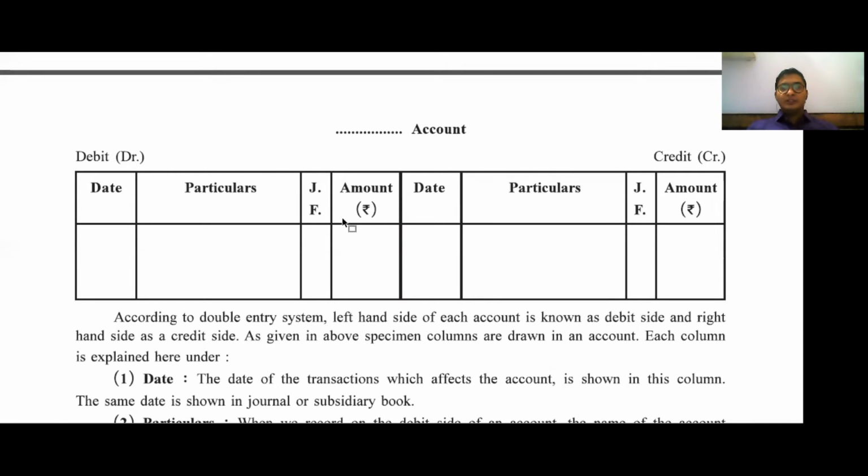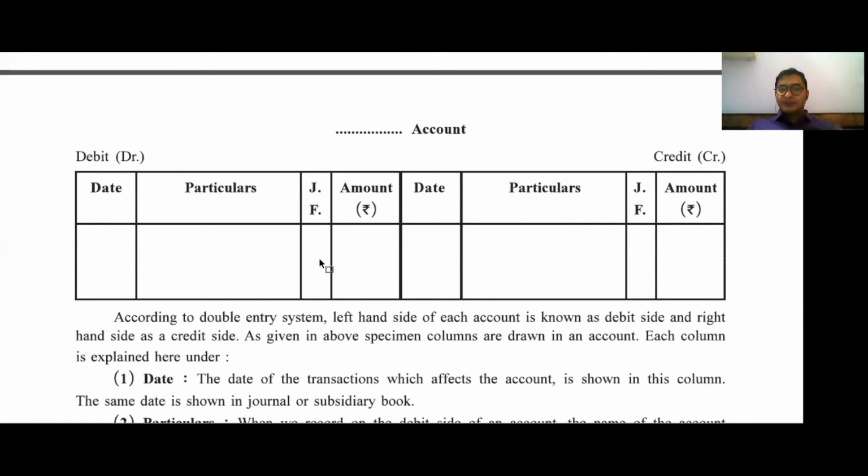There is no need to write anything in this column, but for exam purposes we have to prepare a JF. It remains blank in this chapter, but for practical reasons I will give you examples of why we prepare the journal folio number. In the JF column we record the invoice number, that is, the bill number for such a transaction.